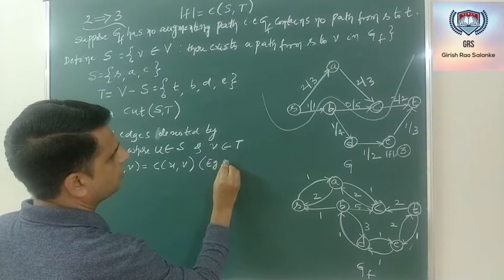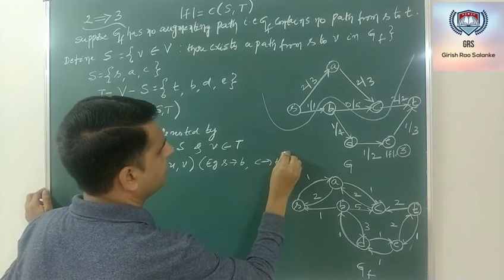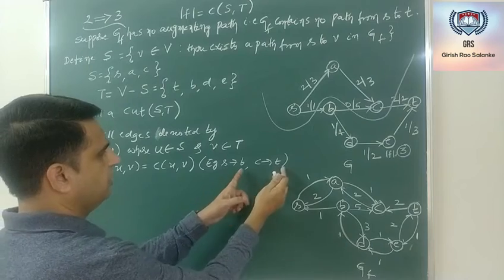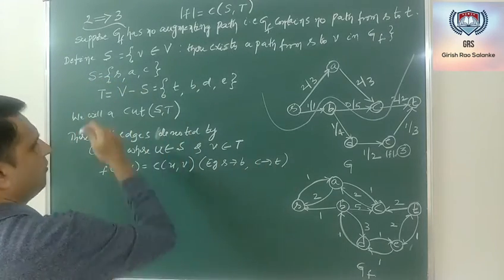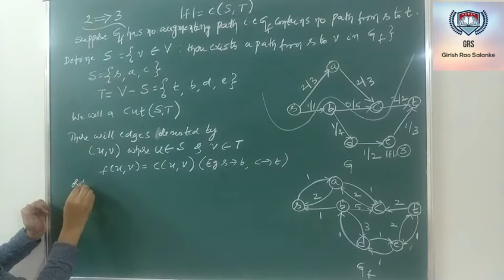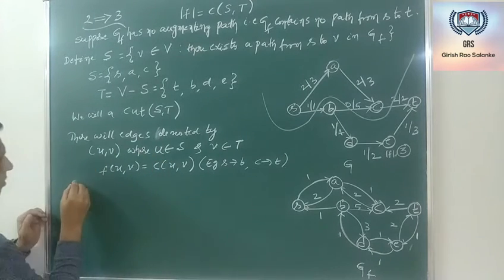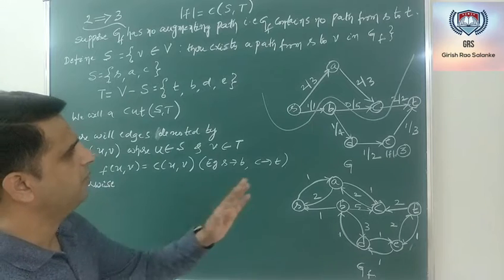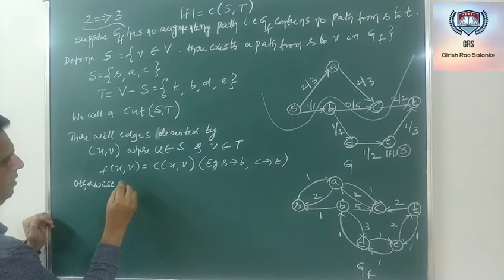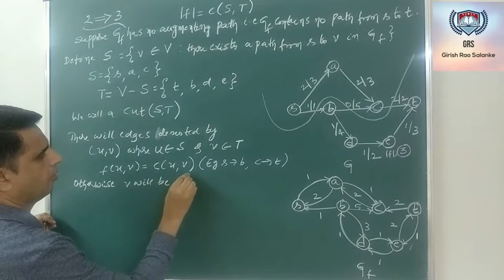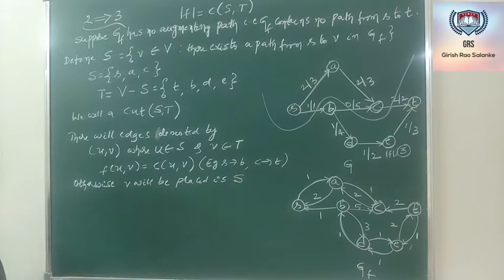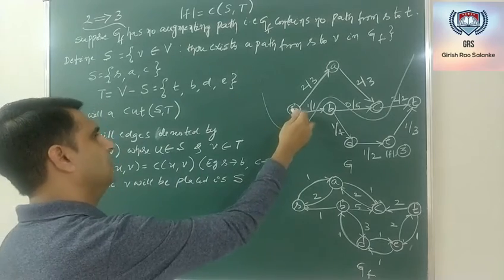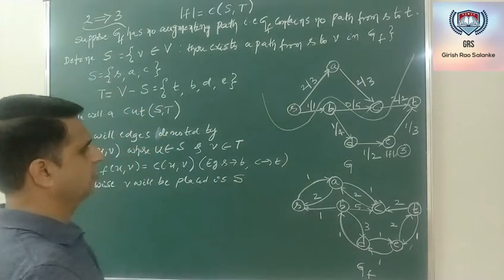For this example, SB edge and CT edge, such that U belongs to S and V belongs to T. So in both these cases, S and C are part of S and B and T are part of T. If this is not true, then you can find that V will be placed in S itself. So this was the first point.